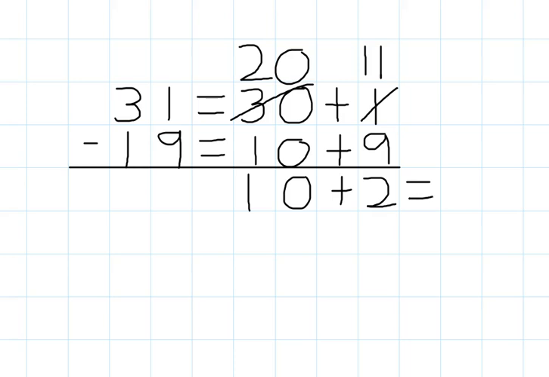My final answer will be 10 plus 2, or 12. So 31 minus 19 is going to be the same as 12. Hope that helps.